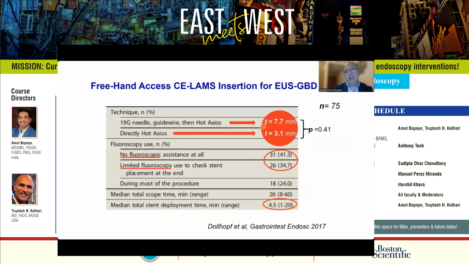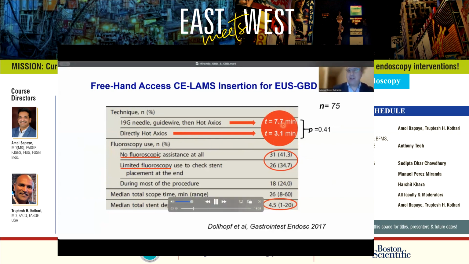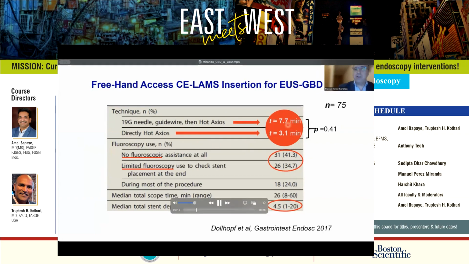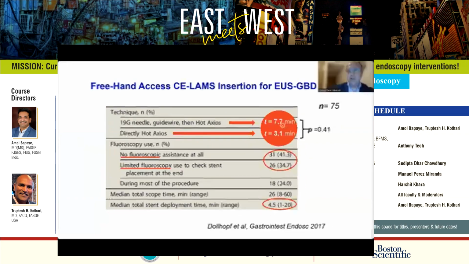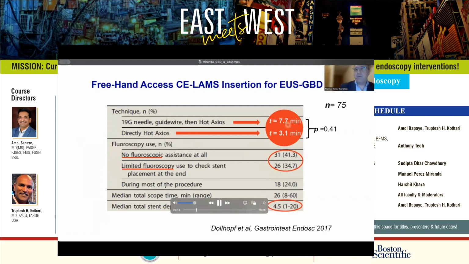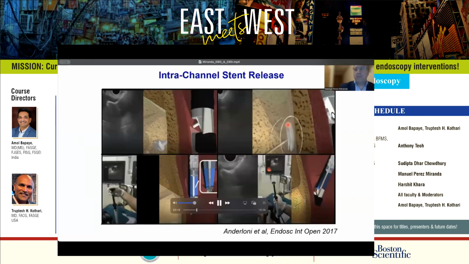If the Seldinger technique was used, however, stent deployment time went up to 7.7 minutes compared to 3.1 minutes with the freehand technique. That is almost 5 minutes of leakage time. So it's not only easier, it's also faster and safer.